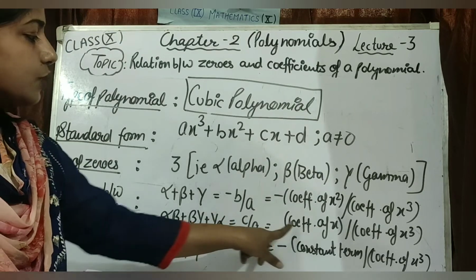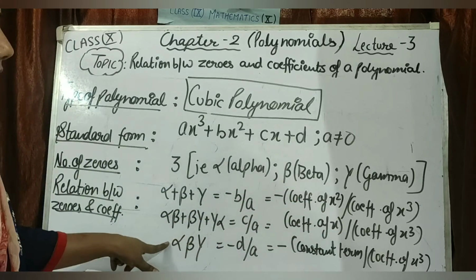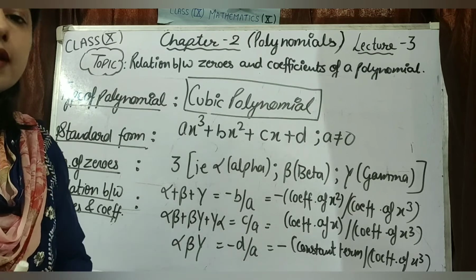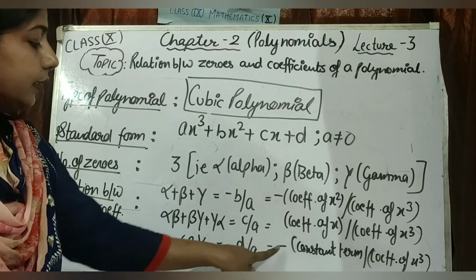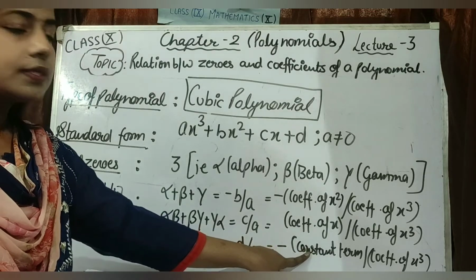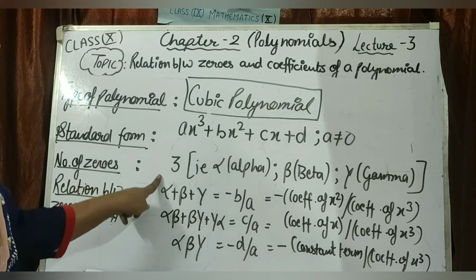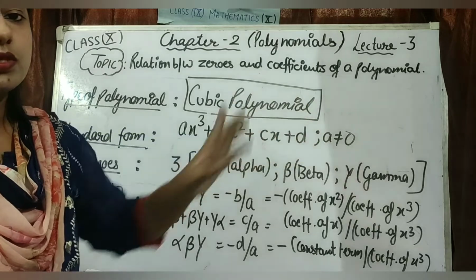C upon a means the coefficient of x divided by the coefficient of x cube. And the last relationship is alpha beta gamma, the product of zeros, that is minus d upon a, that is minus the constant term divided by the coefficient of x cube. Again you can see all three are meaningful because a is not equal to 0.